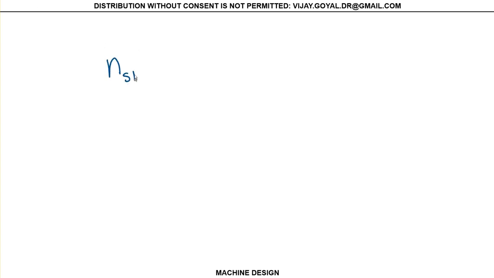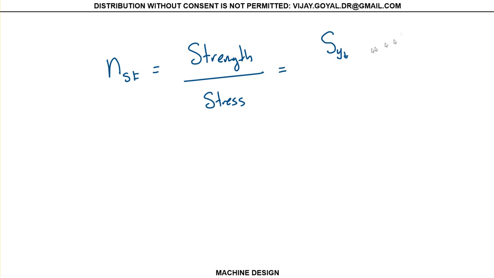So the factor of safety is going to be the total strength of my material divided by my actual stress. Here, the top can be yield in tension, yield in compression, or yield in shear, depending on the case we are working with.